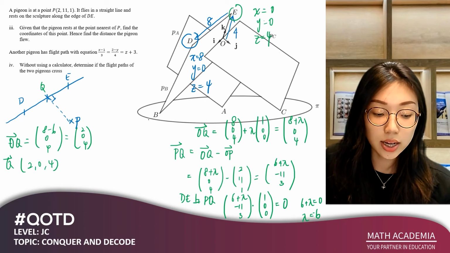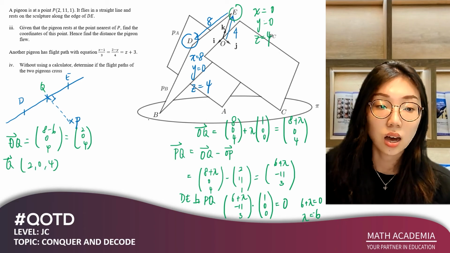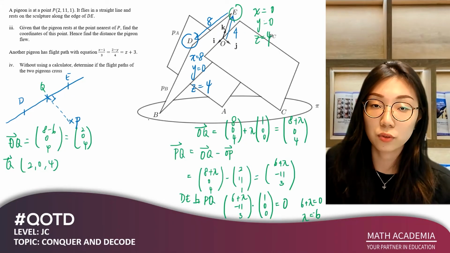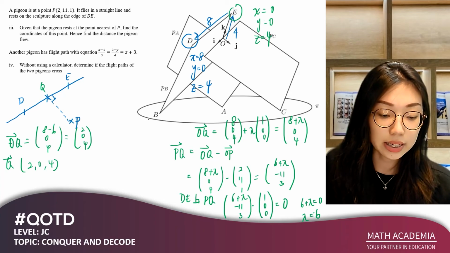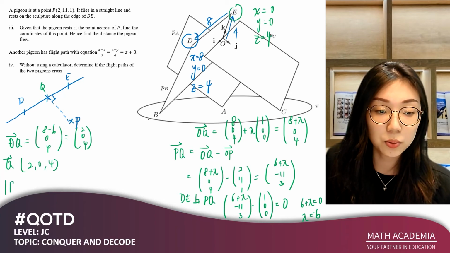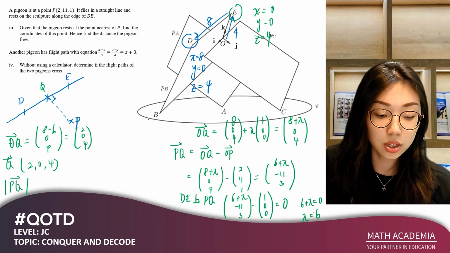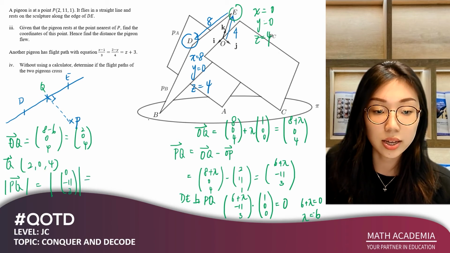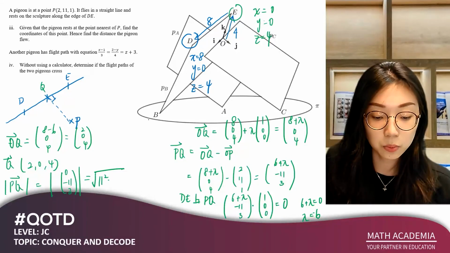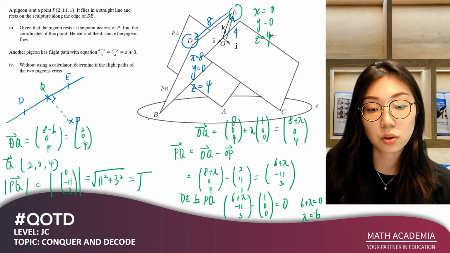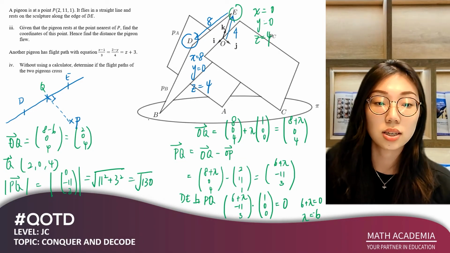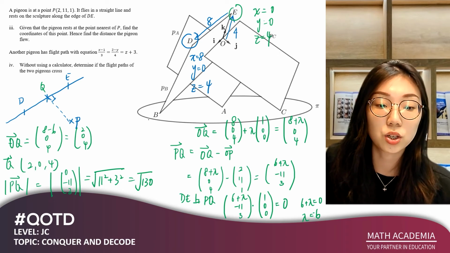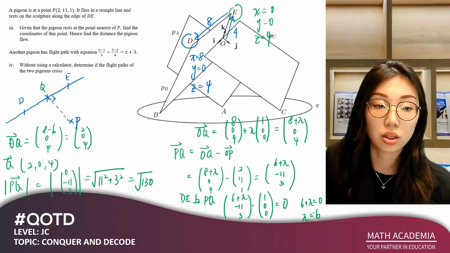Alright, and they want us to find the distance the pigeon flew. So we would find the modulus of PQ, which is the modulus of (0, negative 11, 3). Okay, which would give us square root of 11 squared plus 3 squared, which gives me square root of 130. So therefore, the distance the pigeon flew would be square root of 130.